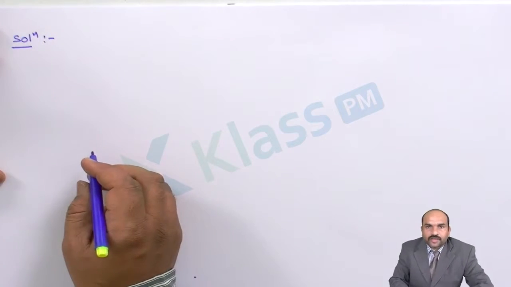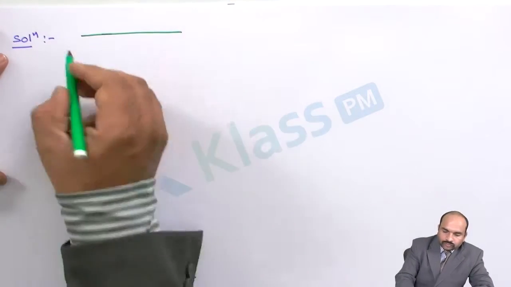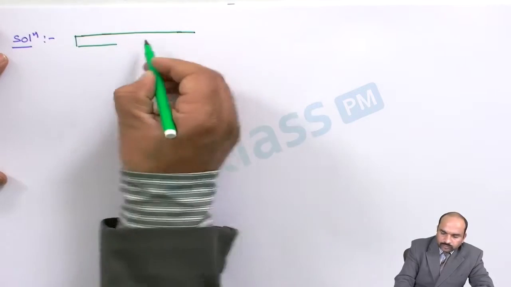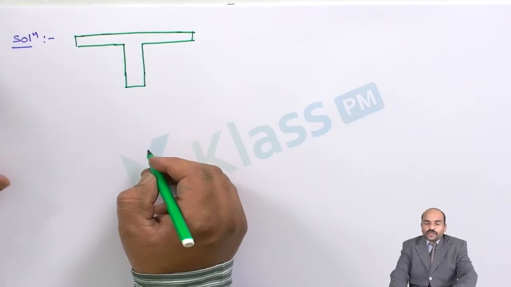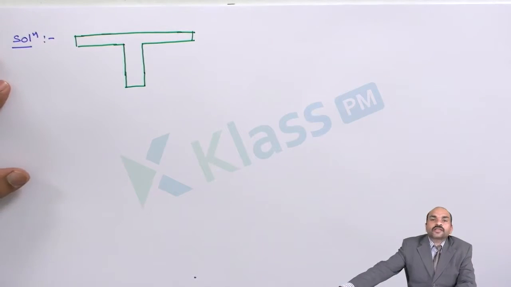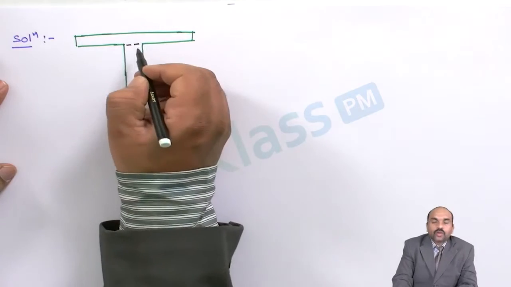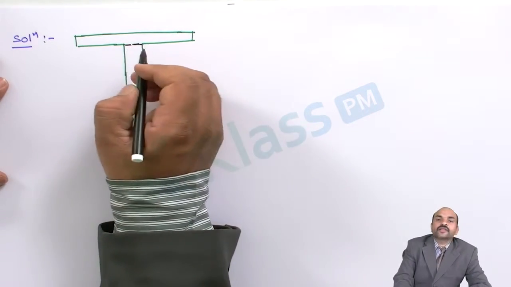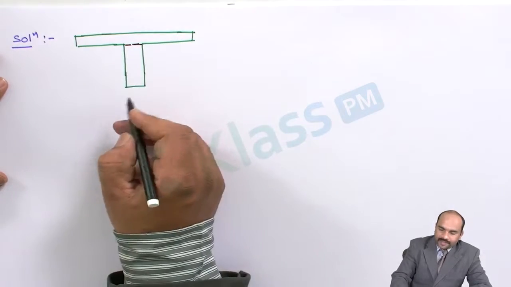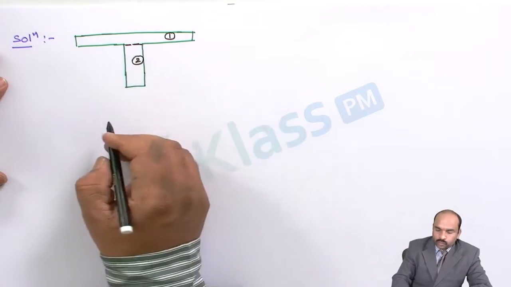So first I will draw the diagram once again. First let us divide this composite figure into known plates. By dividing this we will get two rectangles. Let us say this is rectangle 1, rectangle 2.